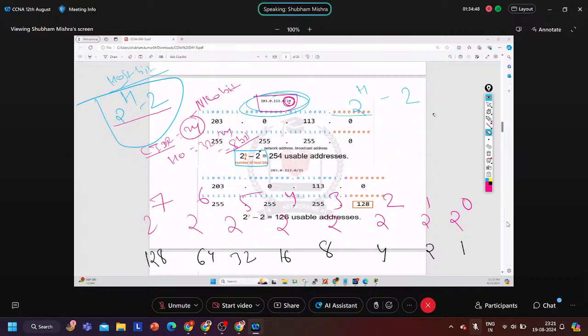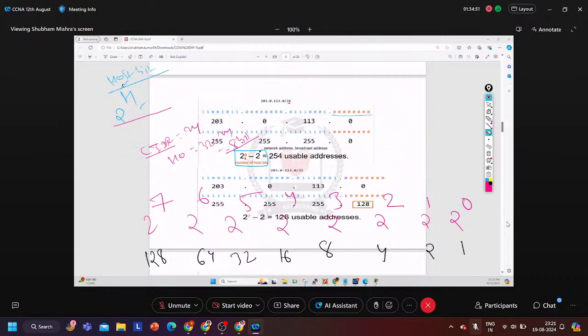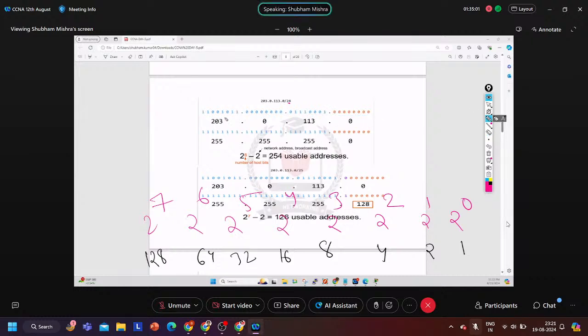Now come to the next one. If we have a /26, then see here, first of all, the network ID is the same, guys. Now /25, sorry, /25. For /25 it means 25 bits is the network bit.